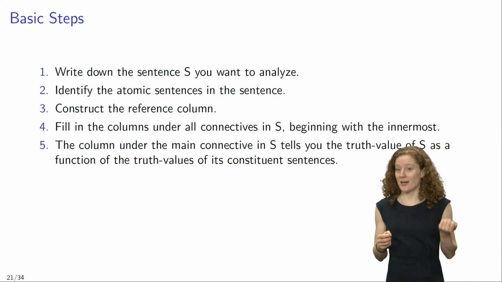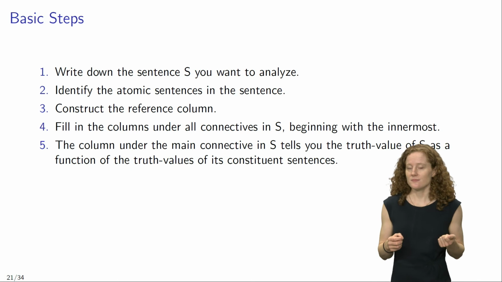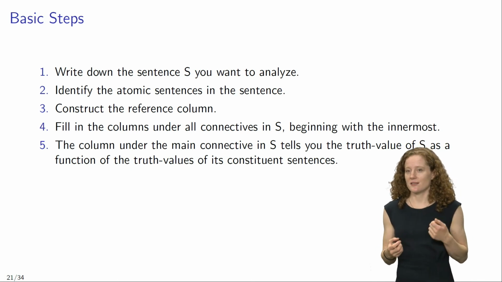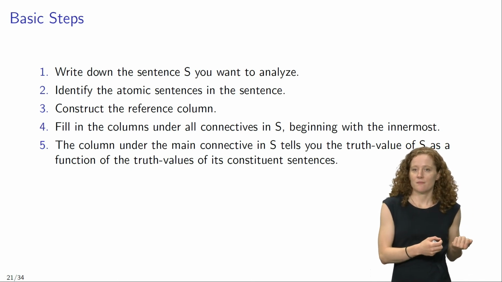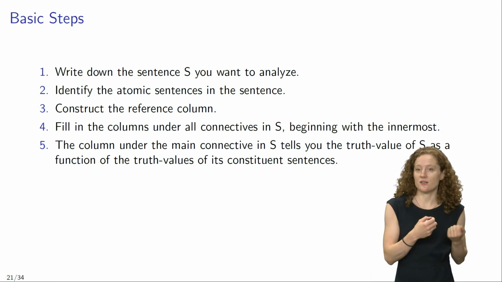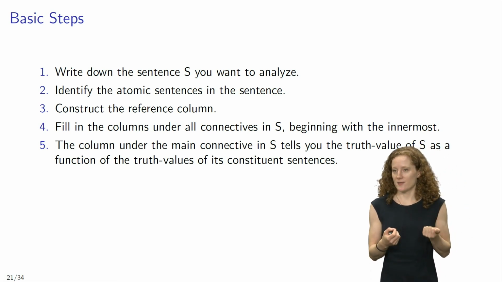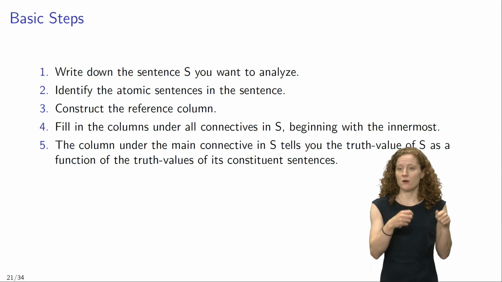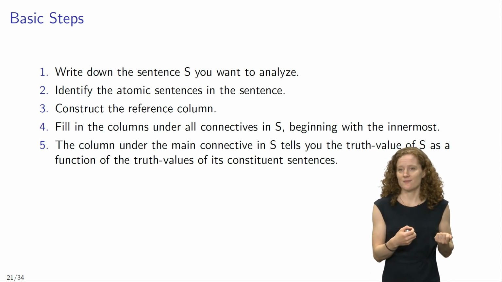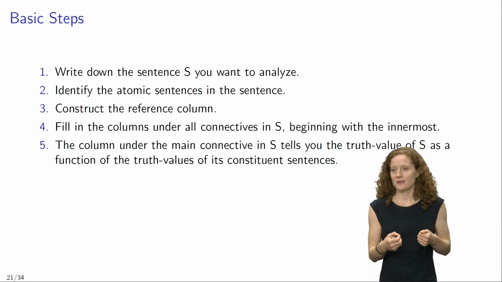Next, we need to identify the atomic sentences in the sentence S that we want to analyze. And we need to construct the reference column, making sure that the reference column contains one column for each of our atomic sentences. In the fourth step, we then start to fill in the columns under all connectives in S in our assessment column, beginning with the innermost.